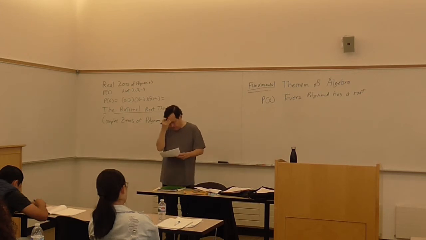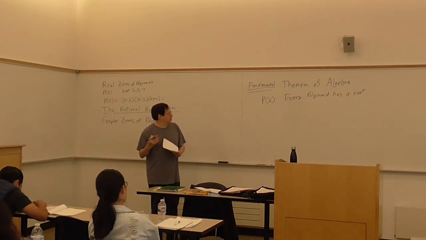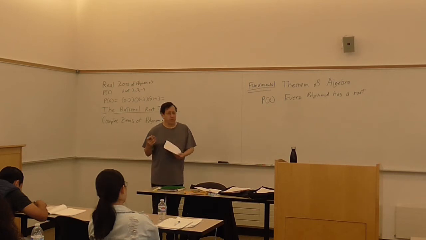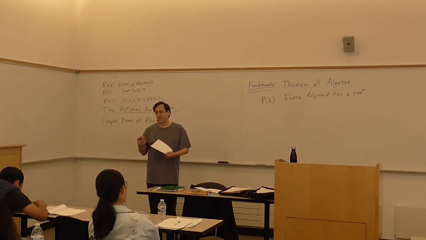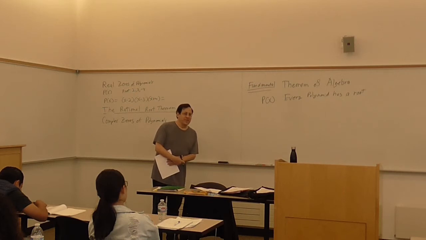So, what we really want to know is this theorem, which is a corollary of the fundamental theorem of algebra. Did I ask in this class what a corollary was? Did I get an answer?